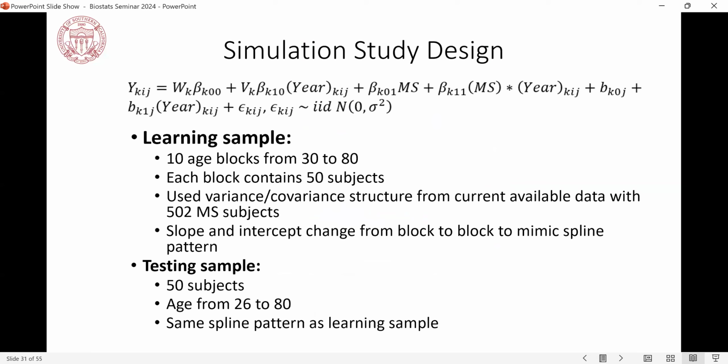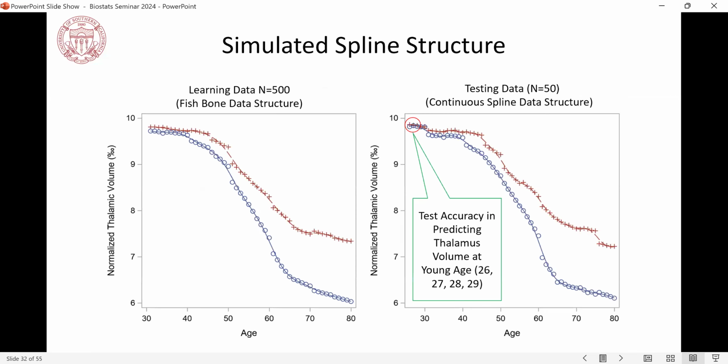We have 10 age blocks from 30 to 80, and we mimic the trajectory of the intercept and the slope for these 10 age blocks, and accumulate them together to aggregate this simulated spline. That's what the simulated spline looks like. It's very close to the data we observe.